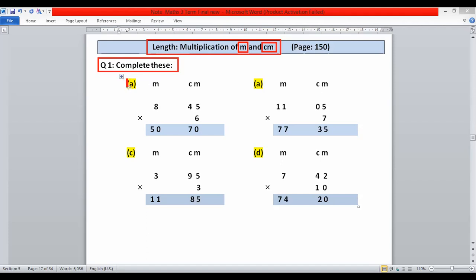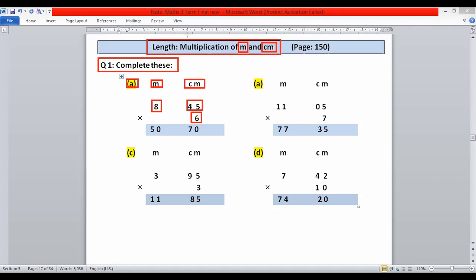multiplication sums. Part A, meters and centimeters are given at the same time. Here we have 8 meter and 45 centimeter. We want to multiply 8 meter and 45 centimeter by 6. Dear students, it is easy to multiply meters and centimeters when we remember that 1 meter equals 100 centimeters, and this multiplication is the same as we multiply normal numbers.